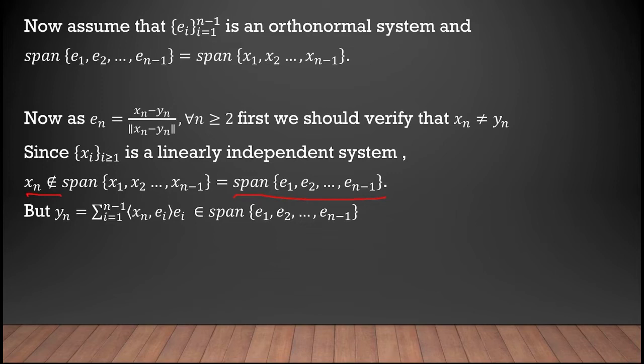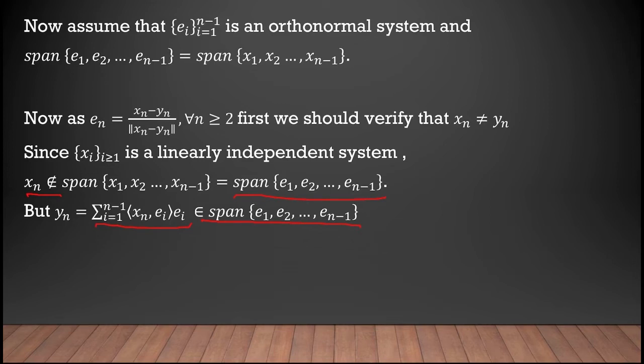yn is defined as summation i equal to 1 to n minus 1 of inner product of xn, ei times ei. Okay, and from the definition of yn, it is clear that yn is a linear combination of e1, e2, etc., en minus 1. So if yn is a linear combination of e1, e2, etc., en minus 1, then yn is an element of span of e1, e2, etc., en minus 1.